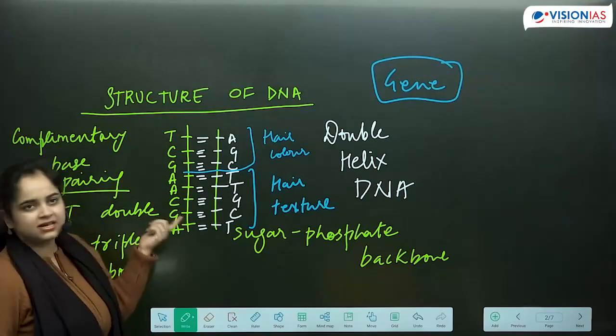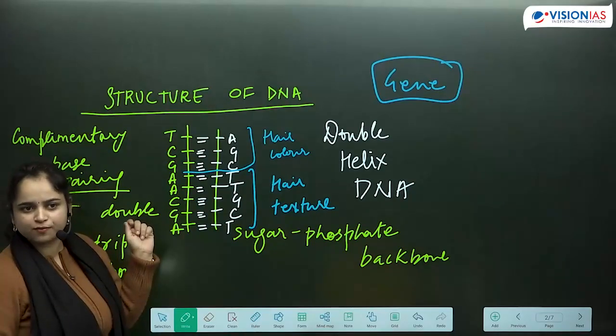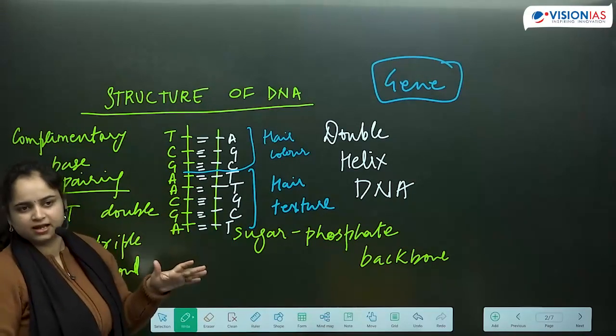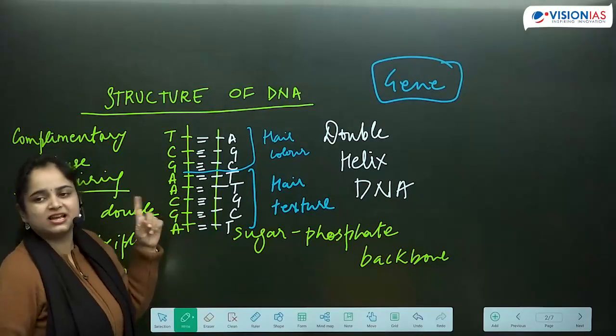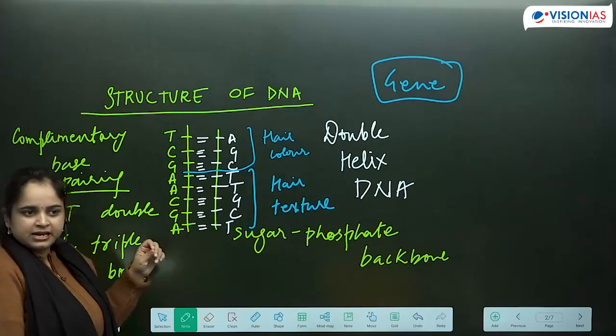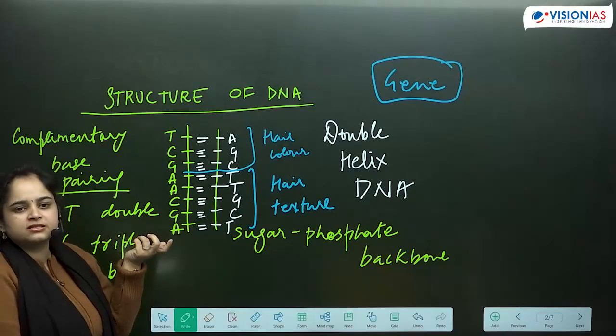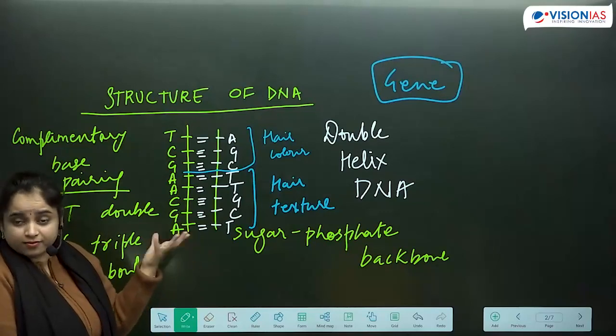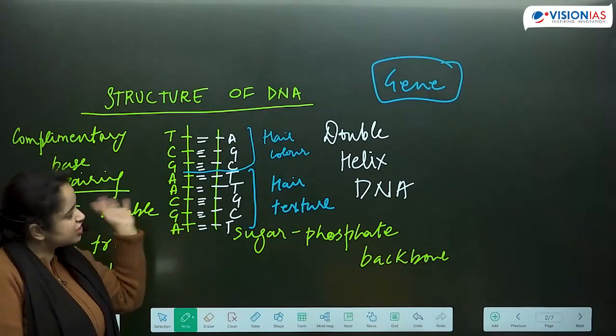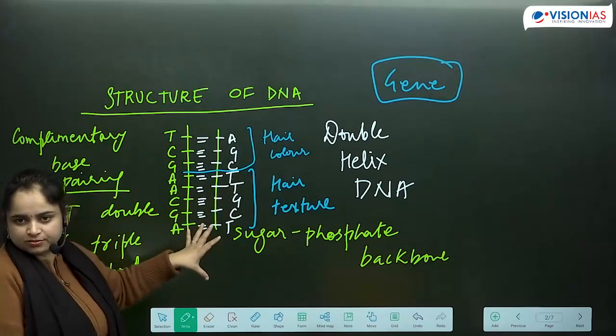Because if one base changes, if it goes out of place, the feature will become something else. The property will become something else. ये formula बिल्कुल exactly follow होना चाहिए. Even the slightest change in this recipe is what you call mutation or error. If that comes, that will change whatever it is supposed to express.